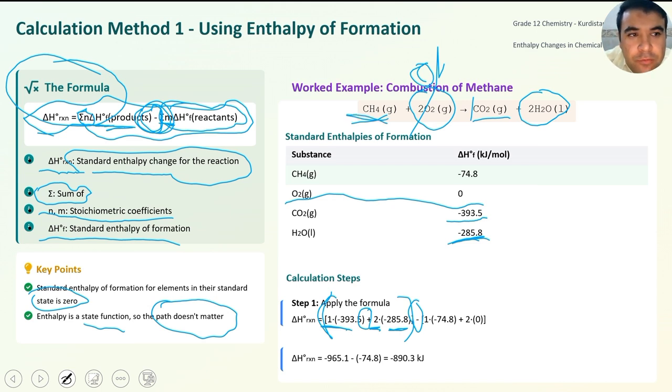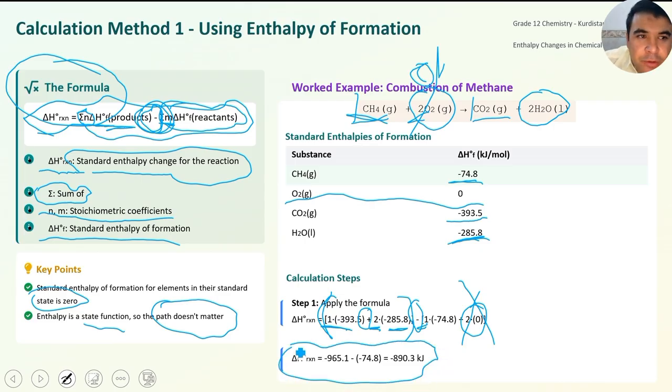The enthalpy of formation of the reactant, which is the methane. Methane is minus 74.8, multiplied by 1. Why? Because it has 1 mole as a coefficient. And 2 multiplied by 0, we will cancel this because the coefficient is 2 but its enthalpy of formation is 0. That's why we do not count it.